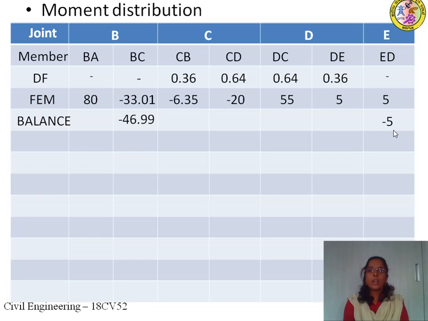As soon as we apply moments at BC and ED, half of the moments will get carried over to the far ends, from BC to CB. Half of minus 46.99 is minus 23.495, and half of minus 5, that is from ED to DE, minus 5 is minus 2.5.